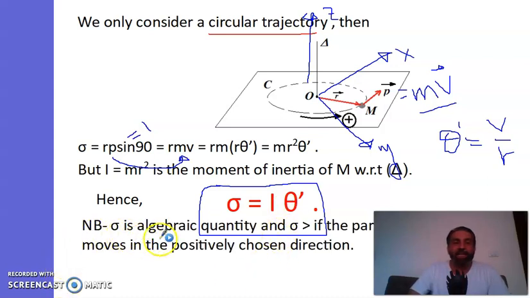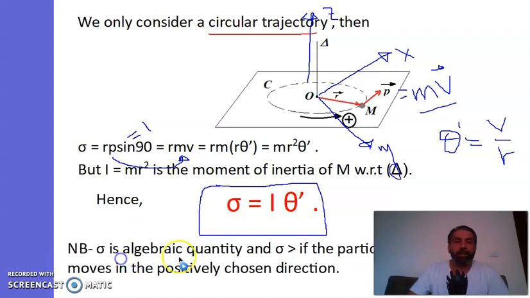Now sigma is an algebraic quantity. I mean sigma could be a positive number or a negative number. If this particle m, as you see, moves in the previously chosen positive sense along the circle, here anti-clockwise or counterclockwise, then we say sigma is positive.